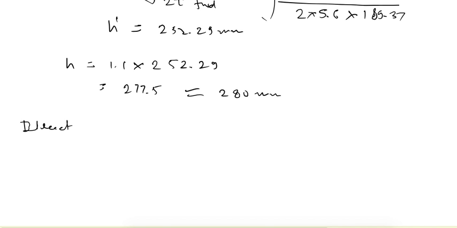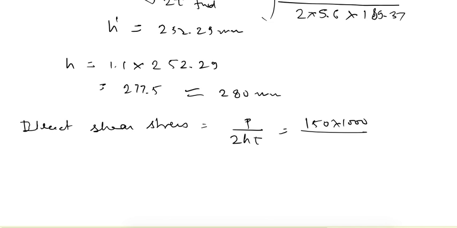First one is the direct shear stress, equal to load divided by total area, P divided by 2HT. Load is 150 kilonewton into 1000 for Newton, divided by 2 into H which is 280 into thickness 5.6, so this value is 47.83 Newton per mm square.